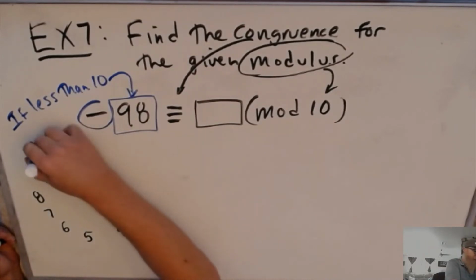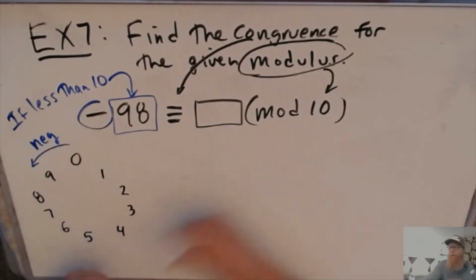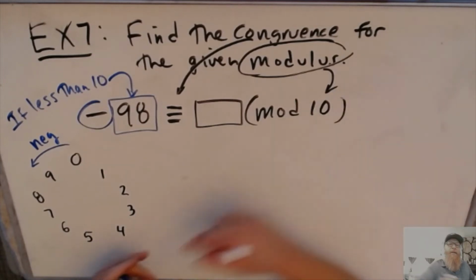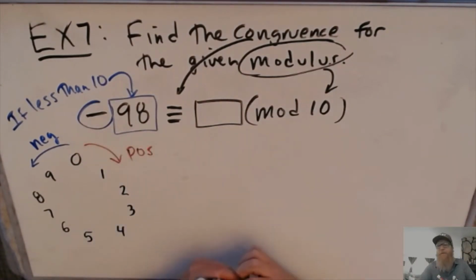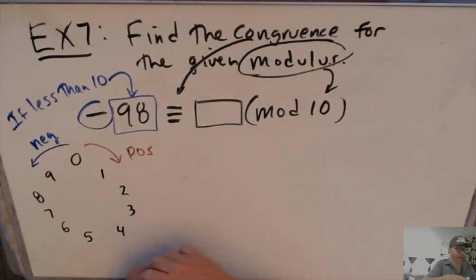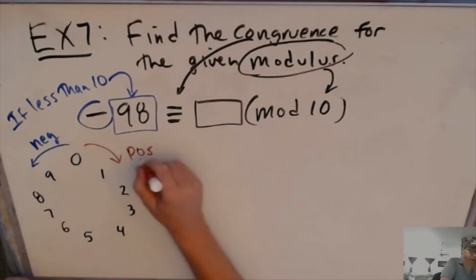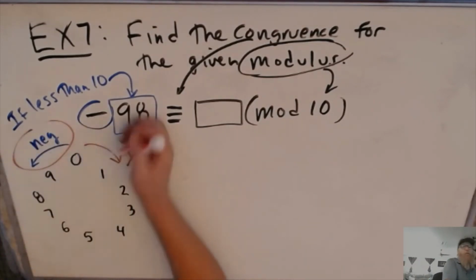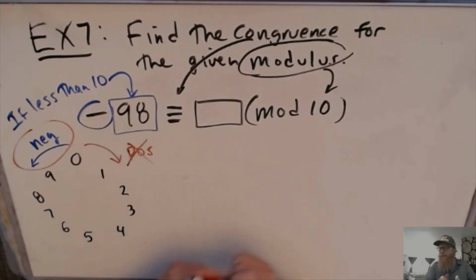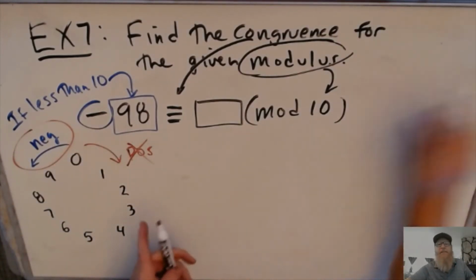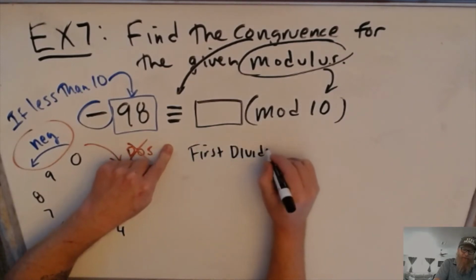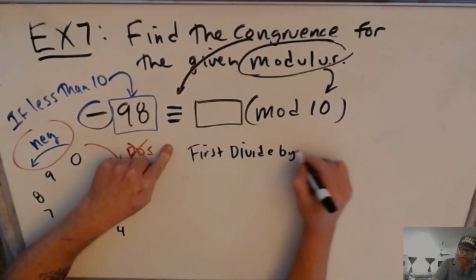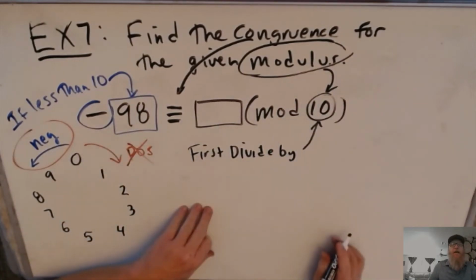All right, so negatives would go that way, and positives would go this way. In this particular example, we don't have a positive, we have a negative, so we're going to be going counterclockwise. But first we have to divide by the modulus, which is 10.